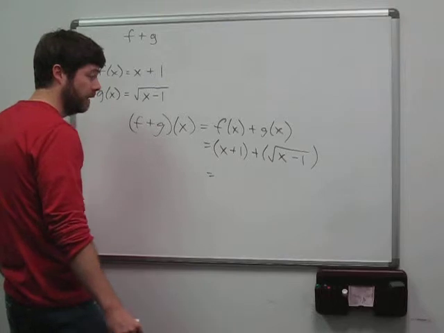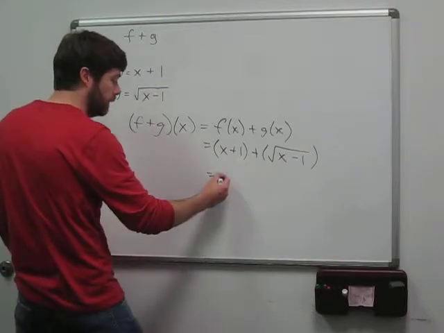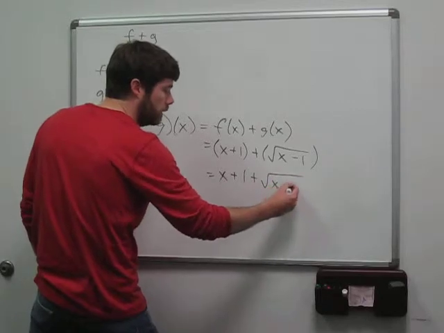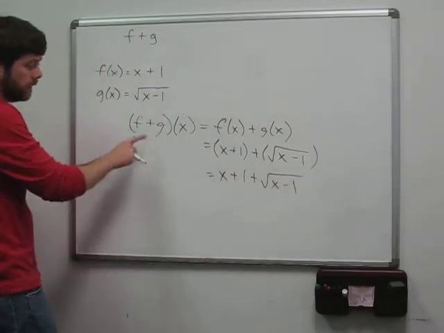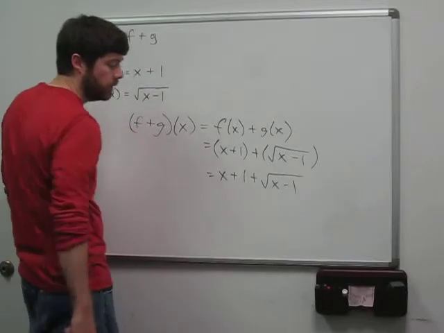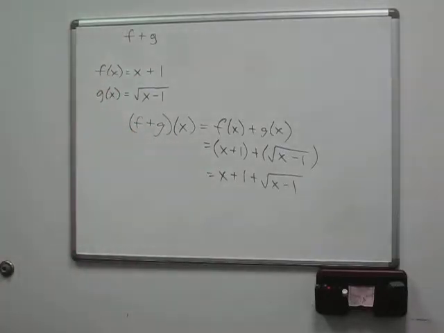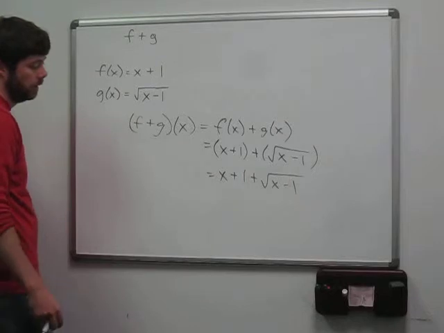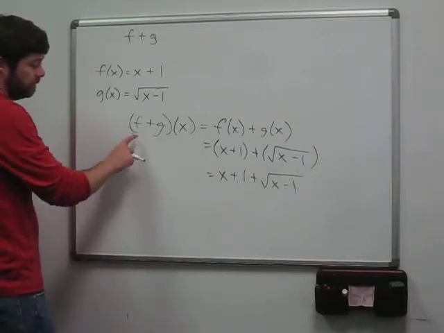So combining like terms, which we can't really do much with since these terms are not like, is in this case going to leave us with f plus g of x equal to x plus 1 plus the square root of x minus 1. Okay, so here is the formula for our function f plus g.